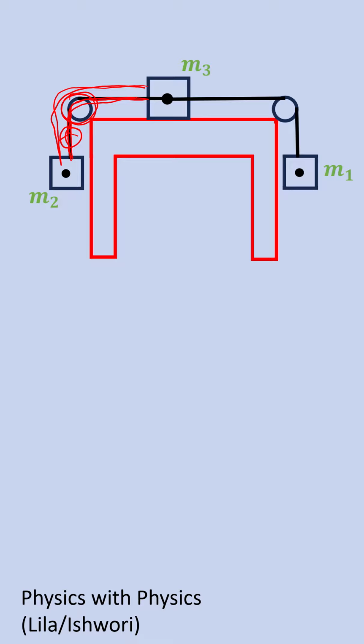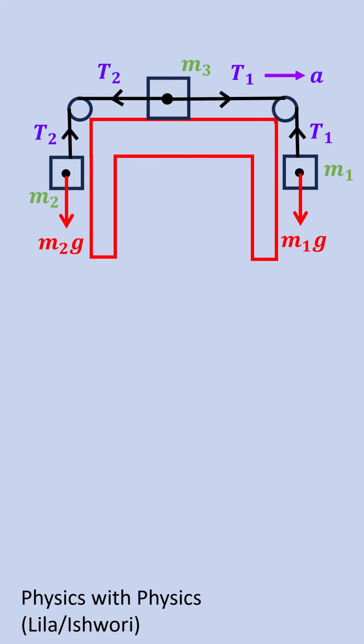In the same way, this is a massless string, and this is a frictionless pulley, so the tension throughout here is also the same. The weights act vertically downward. Tension T2 is acting away from M2, and here tension T2 is acting away from M3. Similarly, tension T1 is acting away from M3, and here tension T1 is acting away from M1.